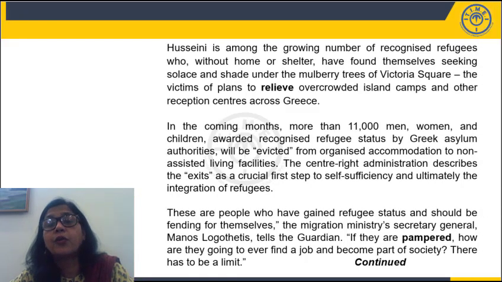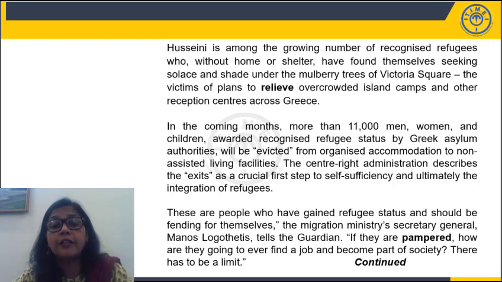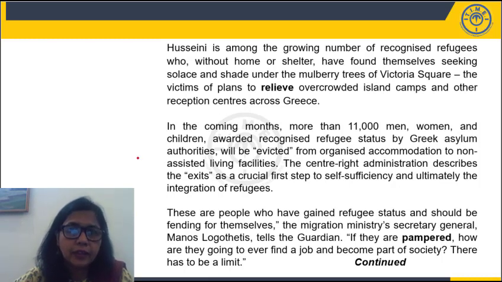Now, Hosseini is among the growing number of recognized refugees who, without home or shelter, have found themselves seeking solace and shade under the mulberry trees of Victoria Square, the victims of plans to relieve overcrowded island camps and other reception centers across Greece. This paragraph tells us that Hosseini is just an example, right?